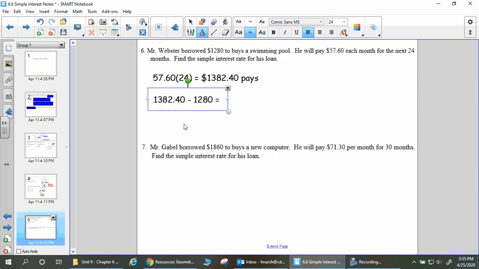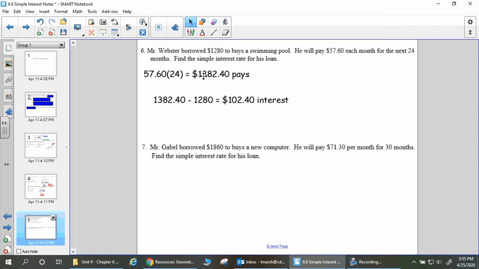The $1,382.40 minus the $1,280 gives me $102.40, and this is my interest. Because we're paying a loan, when we pay money each month and that adds up, we end up paying more than we borrowed. That difference is the interest.